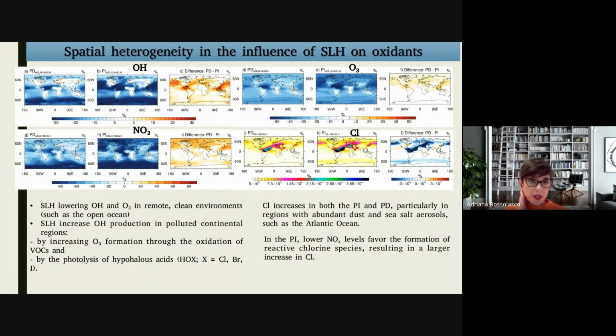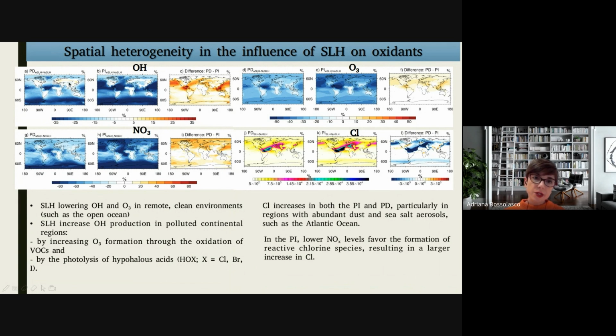So if we see the global or spatial distribution of this change, this plot shows the percentage of difference for present day and pre-industrial due to the SLH for each oxidant. And as we said before, we see a large decrease of OH and ozone in remote and clean environments like oceans.